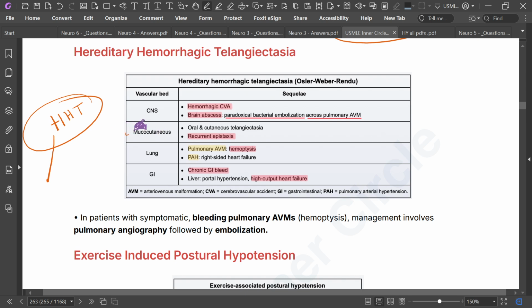A mucocutaneous finding is recurrent epistaxis. Lung findings can include hemoptysis. There may be right-sided heart failure, and a GI finding of chronic GI bleed. In the liver, there is portal hypertension and high output heart failure.